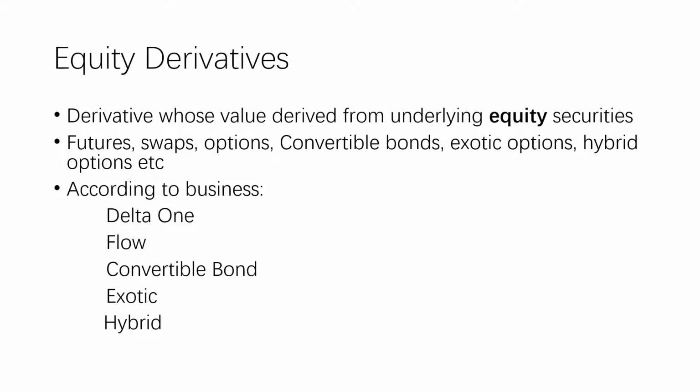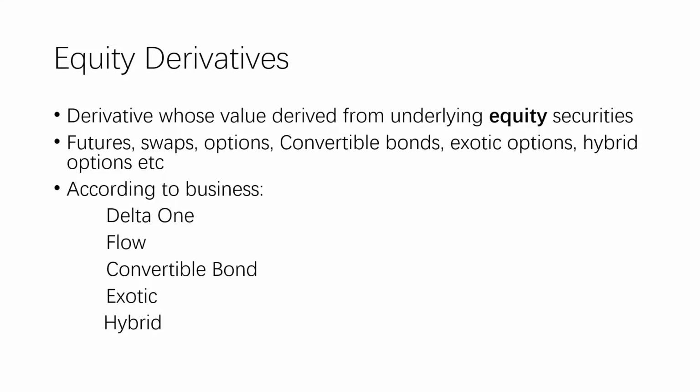For Delta One, from the name we know that the delta of the product is 1 or close to 1, like ETF, futures, swaps, equity swaps, or forwards. So basically, the fair value of the product is some kind of linear combination of the underlying.